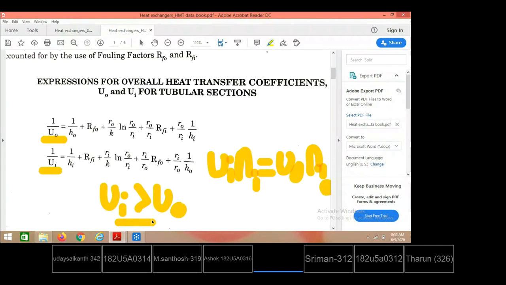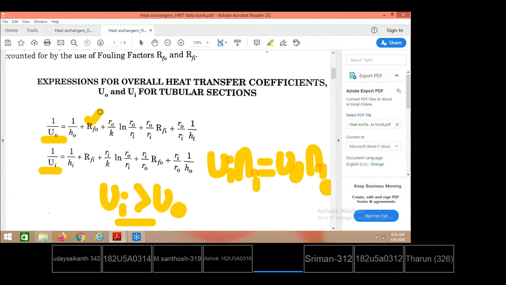When estimated based on the inner surface, one relation we will use. When estimated based on the outer surface, one more relation we will use. And Ui is always greater than the Uo value, since the Ao value is larger than the Ai value. So substituting into these equations, we can calculate the overall heat transfer coefficient by considering the fouling effects.